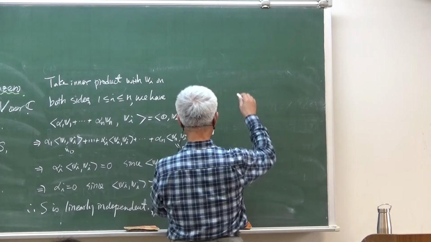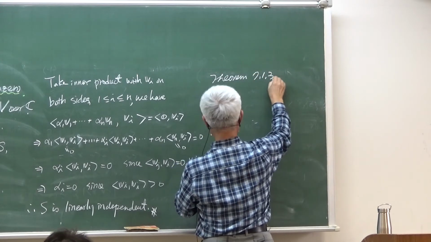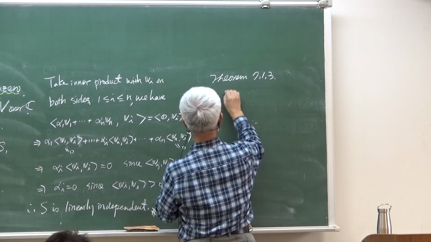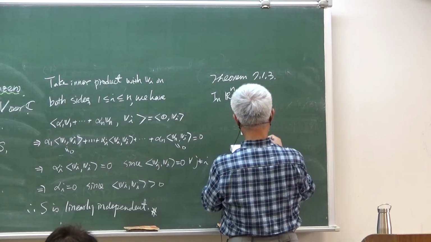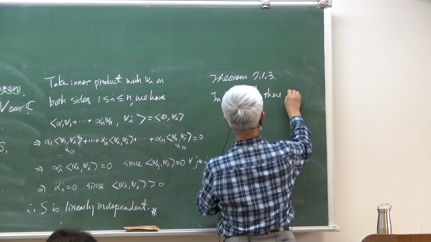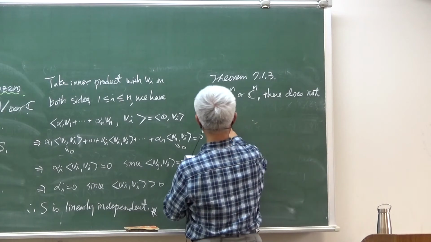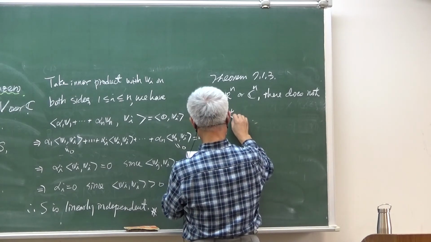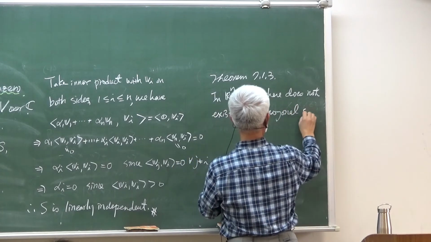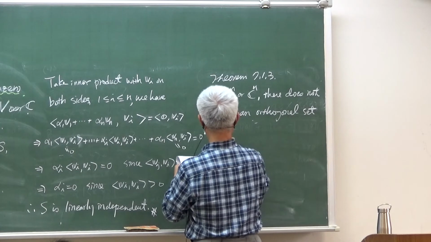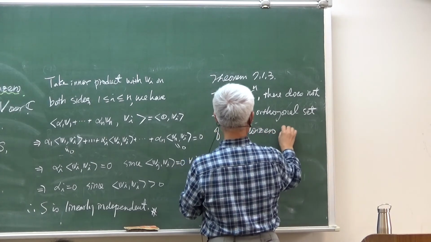Now we have a simple theorem to state. In R^n or C^n, there does not exist an orthogonal set of n plus 1 non-zero vectors.